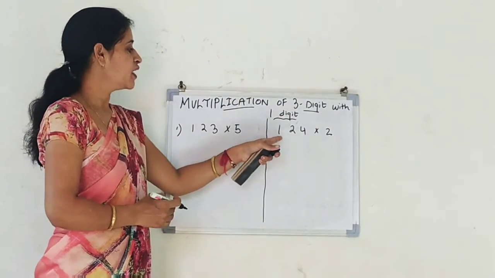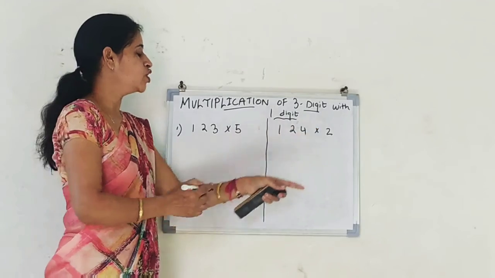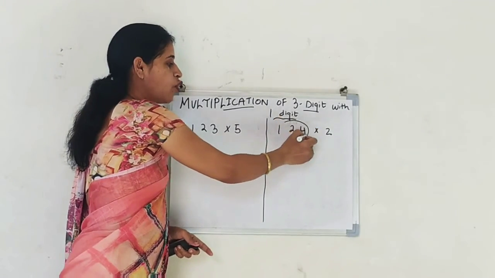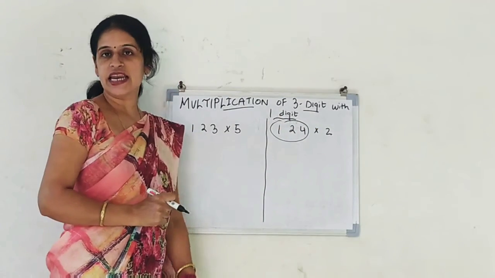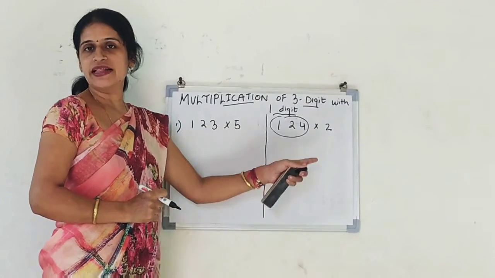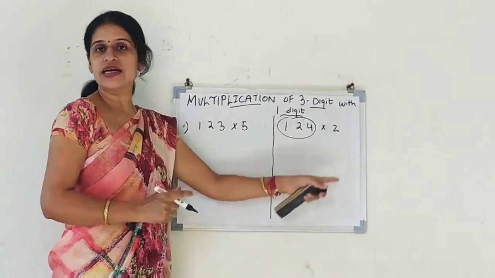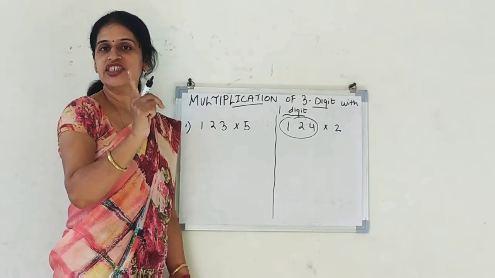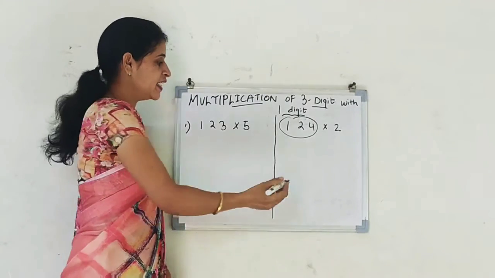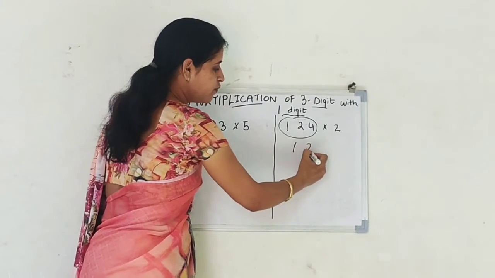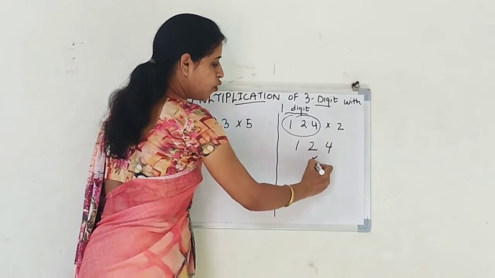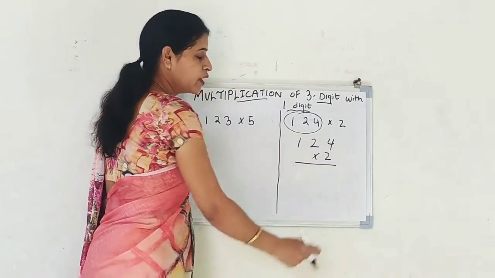See, I have written a number, 124 into 2. 124 is a 3-digit number. We will multiply this 3-digit number with a single 1-digit number. Is it clear? So let's write in the column form 124 into 2.